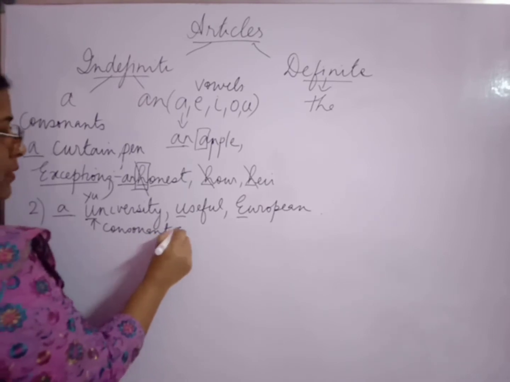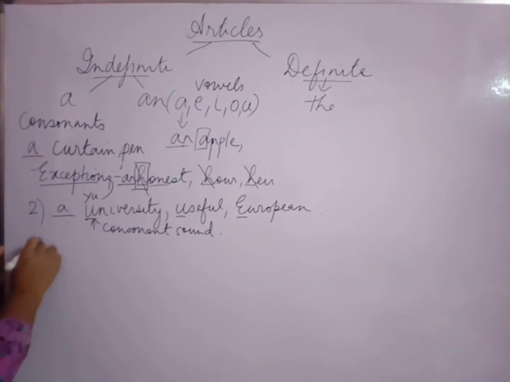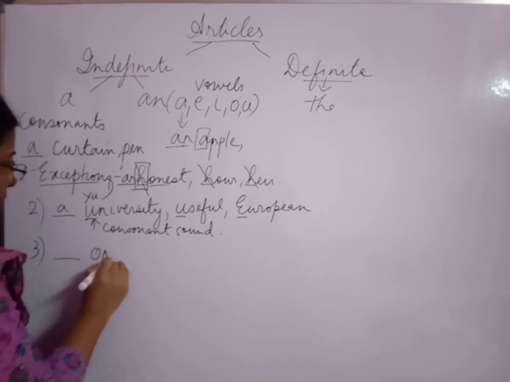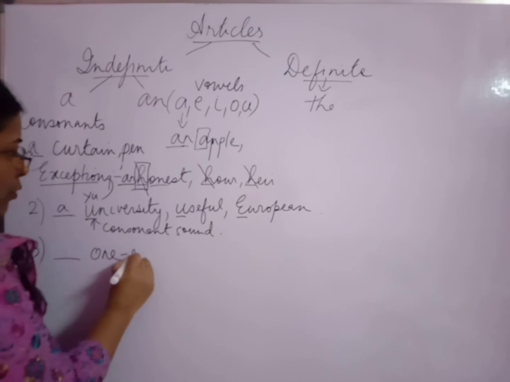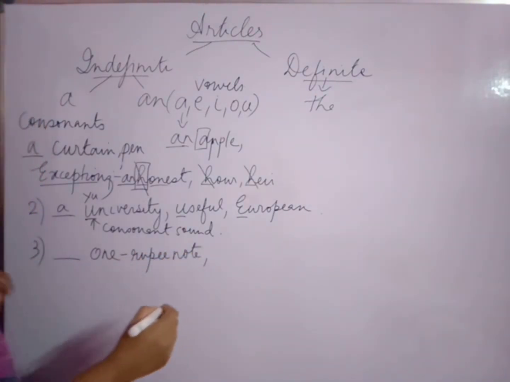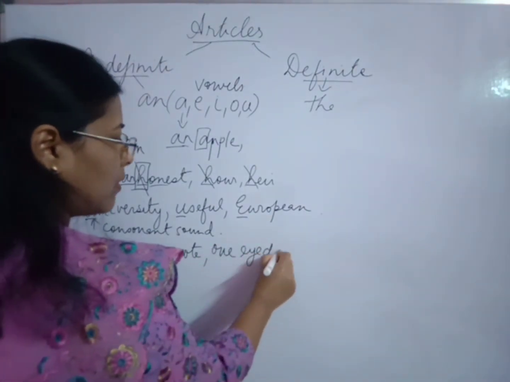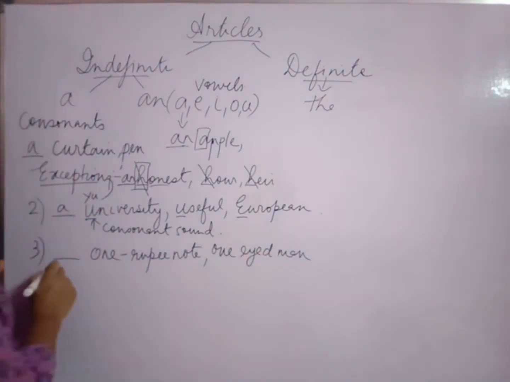Now another exception is like one. A 1 rupee note or a one-eyed man. All these we use a.